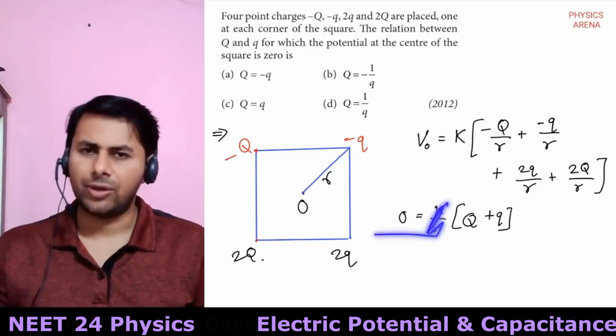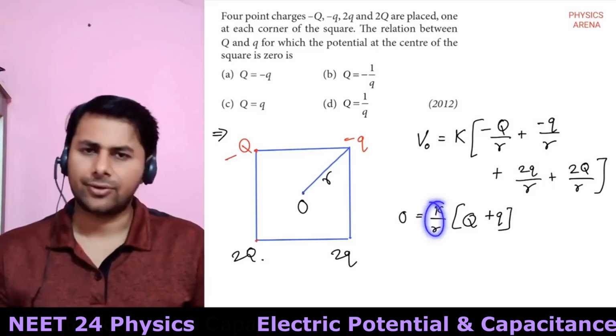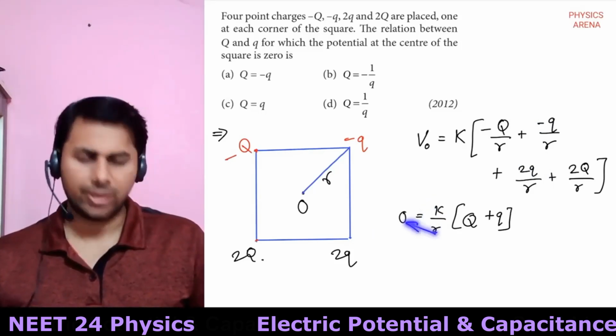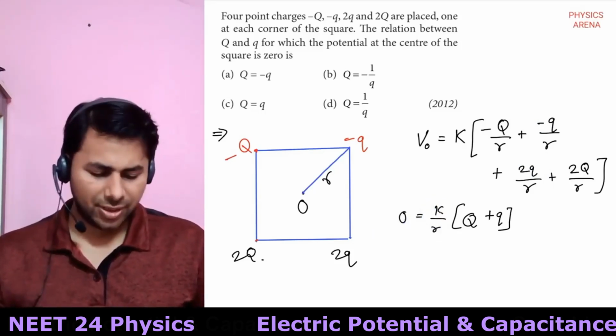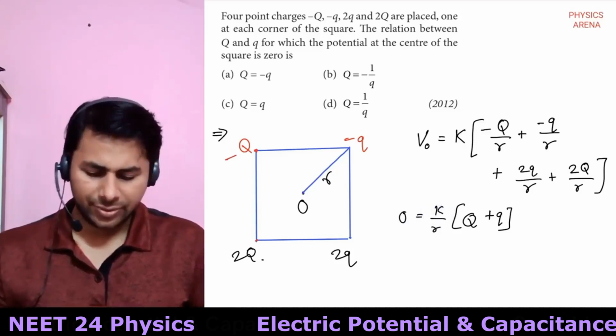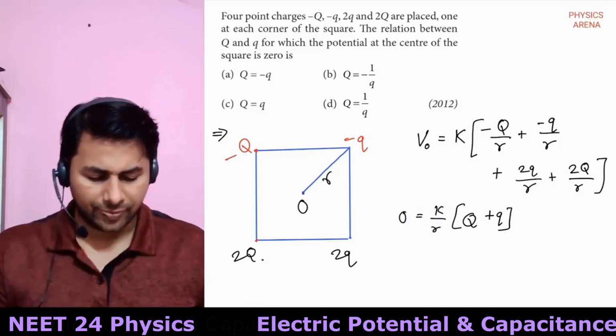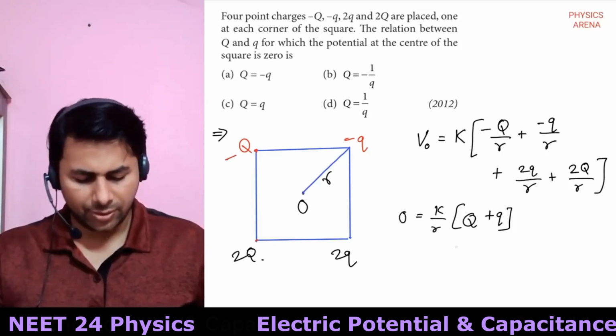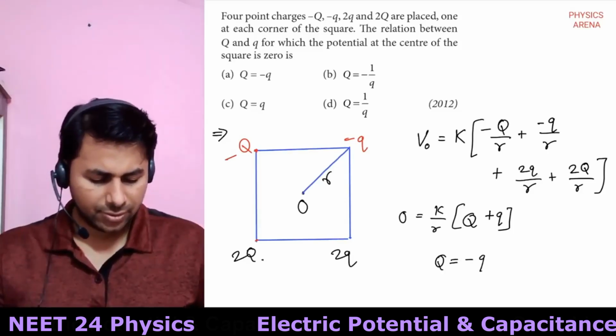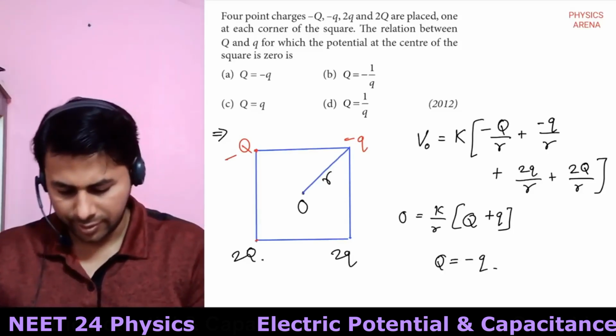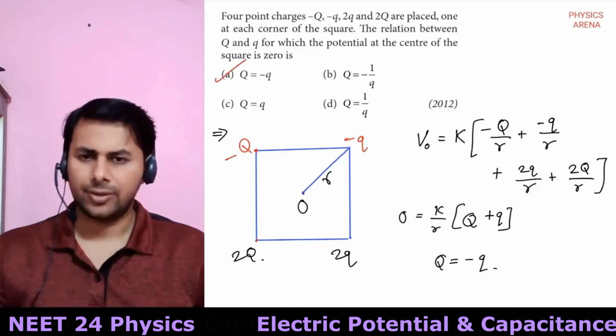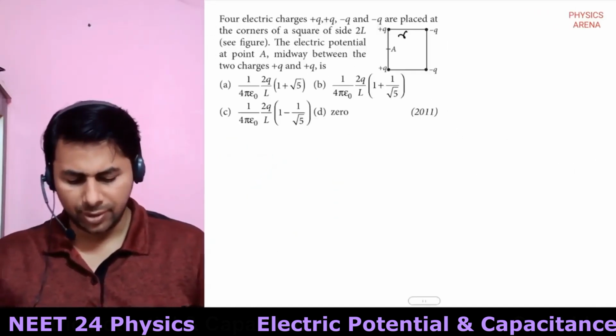So this thing also we can take on the other side, where it goes in multiplication with 0, so that becomes 0. K divided by 0 again remains 0. So Q plus q is 0. That means Q is equal to minus q.